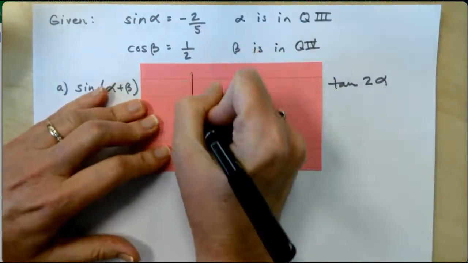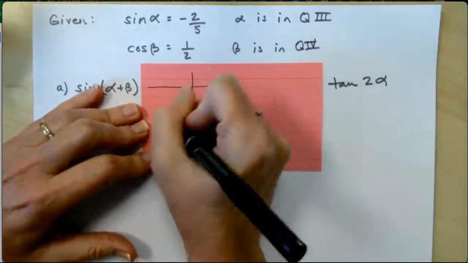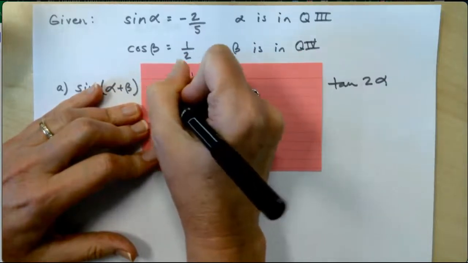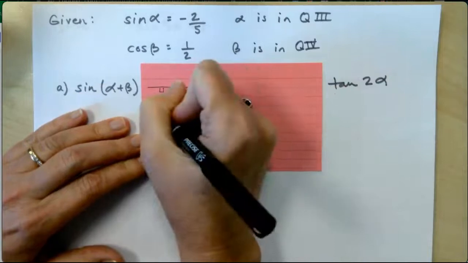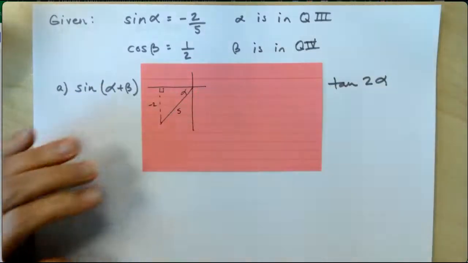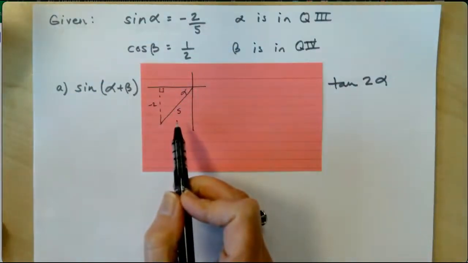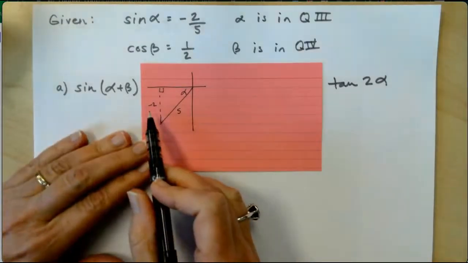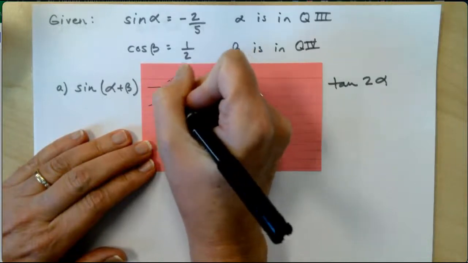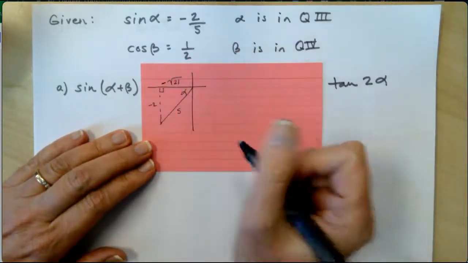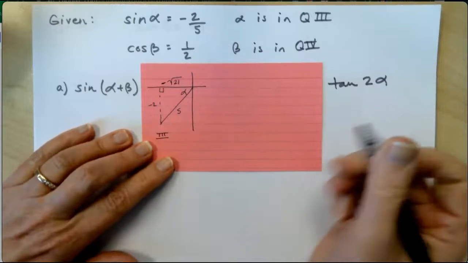So first of all, quadrant 3, remember altitudes are drawn north and south to the x-axis. So there's alpha, there's negative 2, there's 5. 5 squared is 25, 2 squared is 4, 25 minus the 4 leaves root 21, and it will be negative because we are in quadrant 3.